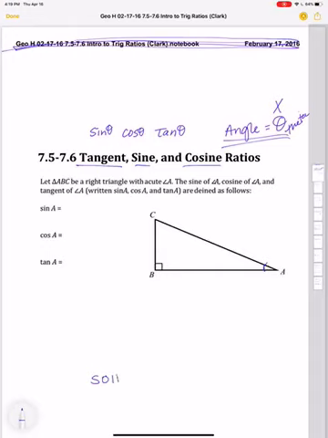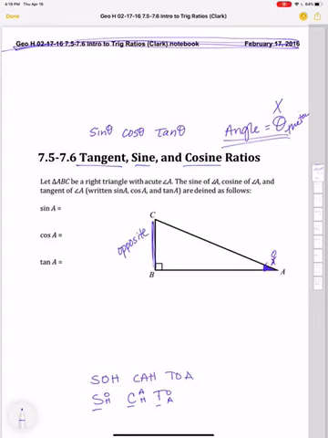SOHCAHTOA. Now, what do all these letters mean? Well, S stands for sine, C stands for cosine, T stands for tangent. From this angle A, if I'm standing on this angle right here, this side right here is opposite me.